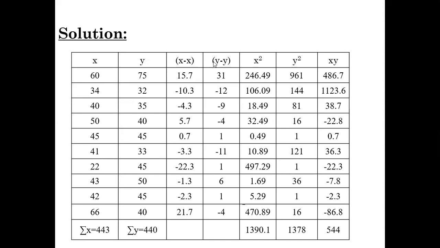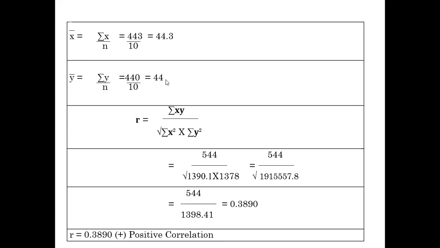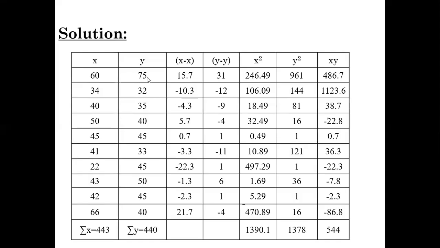Similarly, with the Y mean 44, subtract it from each Y value: 75 minus 44, 32 minus 44, 35 minus 44. Like that if you do, you will get the Y column. This is X column and this is Y column. Okay, see students, this is X column and this is Y column.